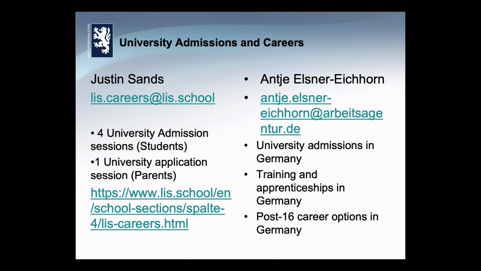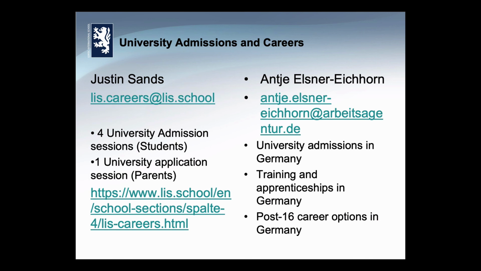He will hold information sessions for each of these countries in grade 11 for the students next year to inform them, and he'll introduce them to the UniFrog platform, which also helps students to make decisions about courses and universities and systems while they're studying on the diploma programme. And applications typically begin at the end of grade 11 and beginning of grade 12, depending on the system. So Mr. Sands will be working with the students throughout grade 11 to facilitate this.